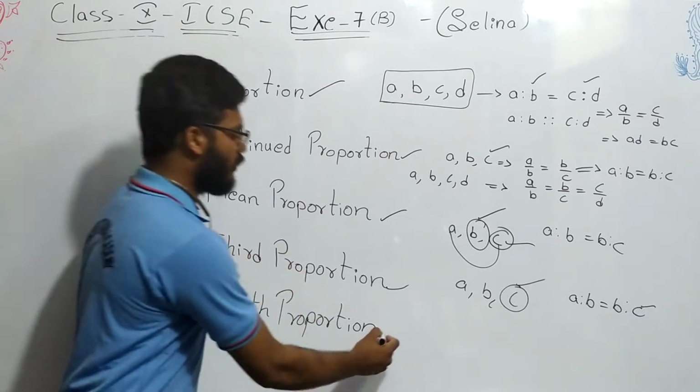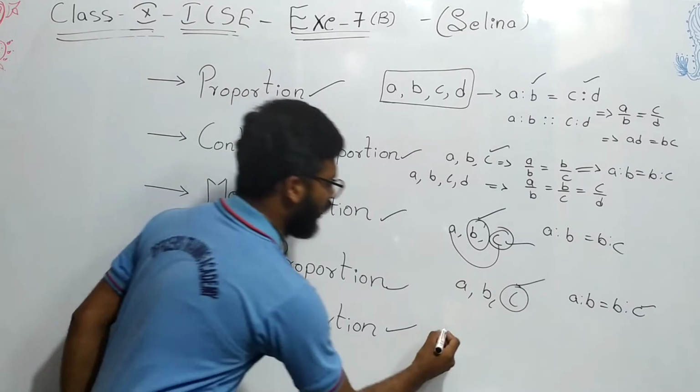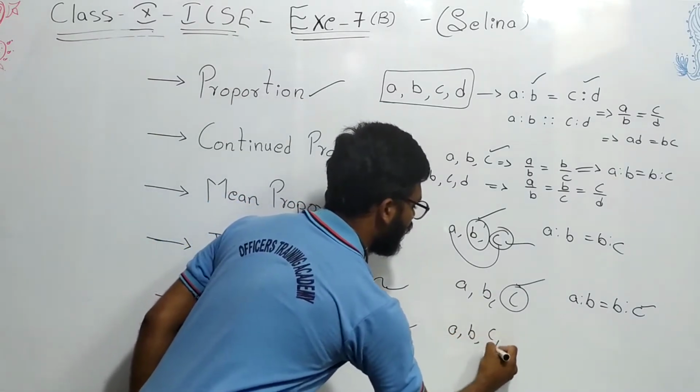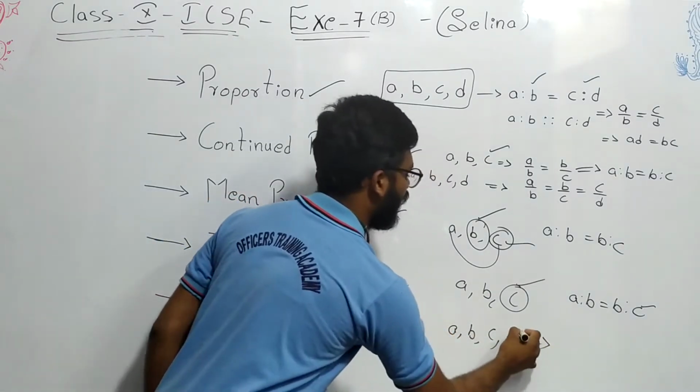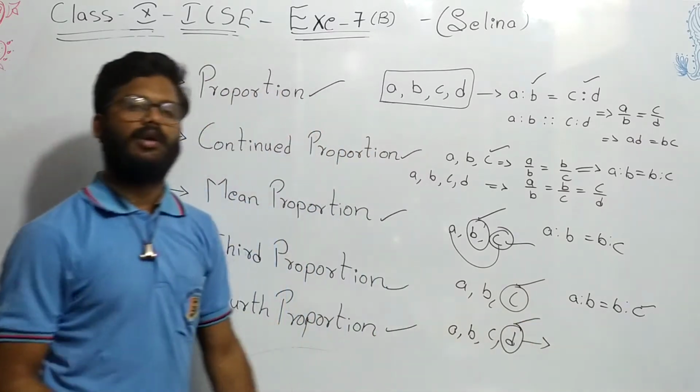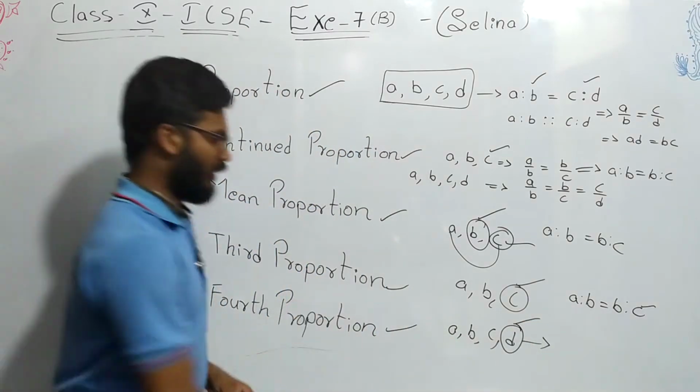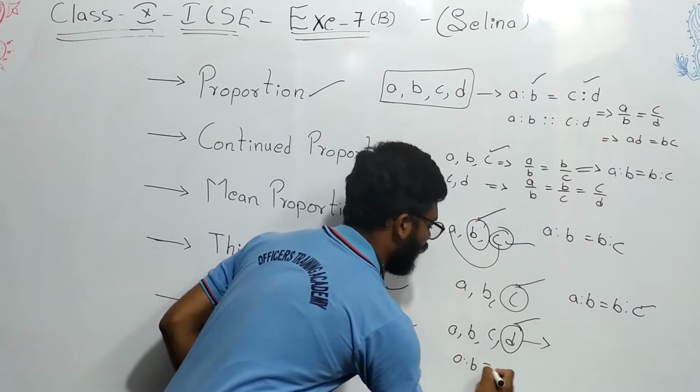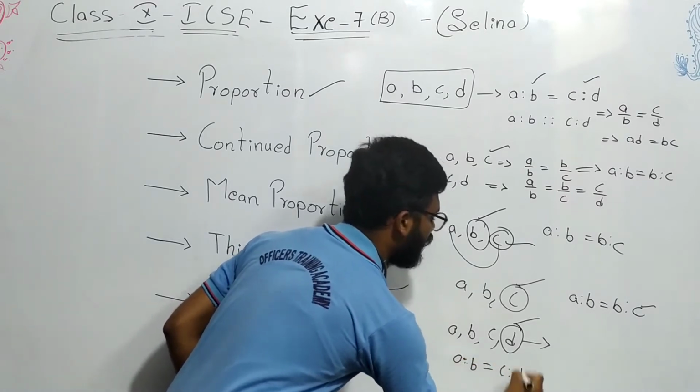Next, fourth proportion. Same here, if A, B, C, D are in proportion, then D is the fourth proportion to A, B, C. Nothing but A is to B is equal to C is to D.